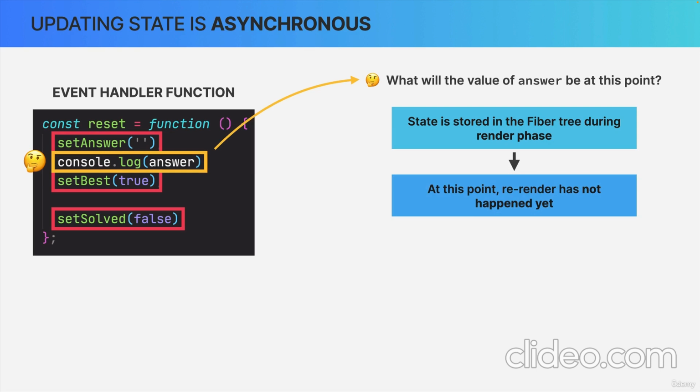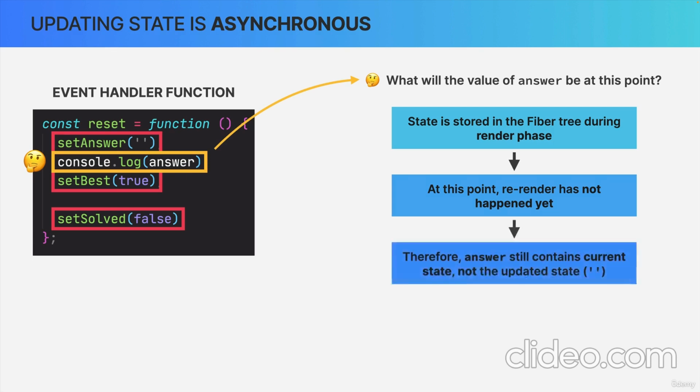So React is still reading the function line by line to figure out what state needs to be updated. But it hasn't actually updated the state yet, and it also hasn't re-rendered yet. That's the whole point of batching state updates in the first place, right? So what this means is that at this point of the code, the answer variable will still hold the current state, so the state before the update, even though we already told React to update it.